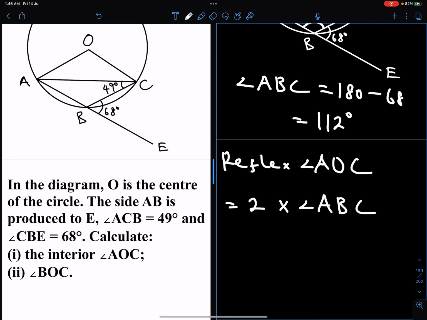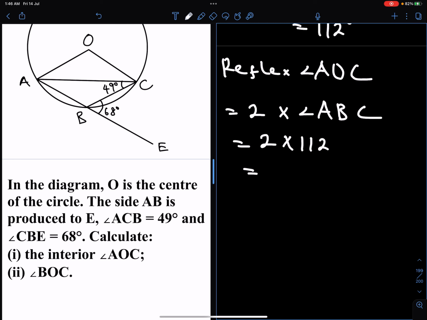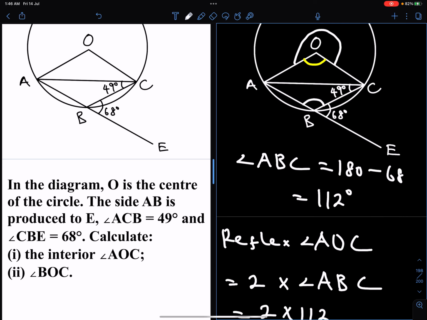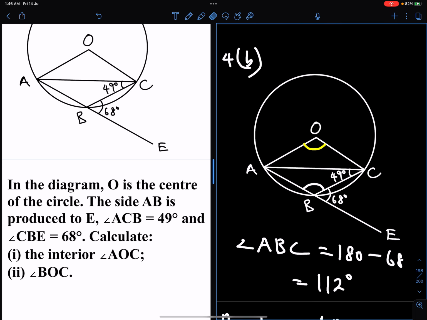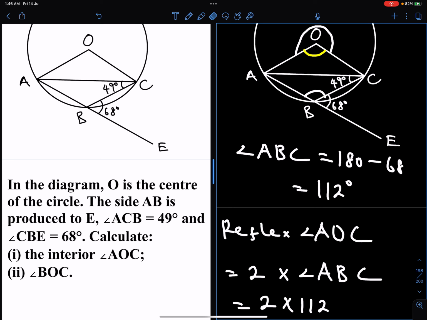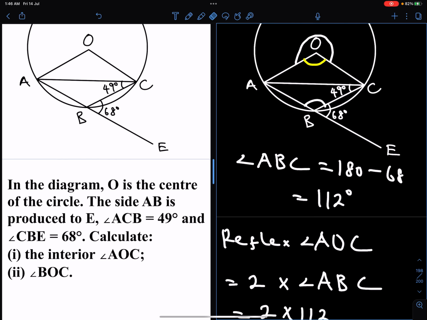And the reason for that is angle at center equals twice angle at circumference, and that's 2 times 112, which is 224 degrees. You should take note of the angle. You can see that the angle at the circumference is facing down, so the angle at the center, that is going to be twice the angle at circumference, will also face down. So reflex angle AOC is equal to 2 times angle ABC.